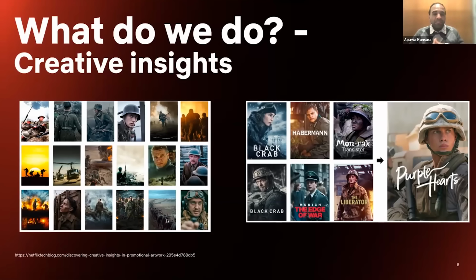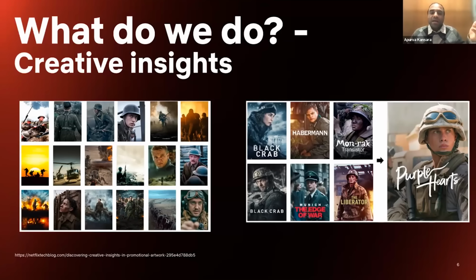One example here is that on the left-hand side, all these posters are from different war movies, and just by looking at the poster, even without text, you can see that these are some kind of war scene. On the right-hand side, we picked an interesting way to present war, but in a different way, a profile of a person, that is generated through our algorithm, which our creatives decide on and use to present to our users.